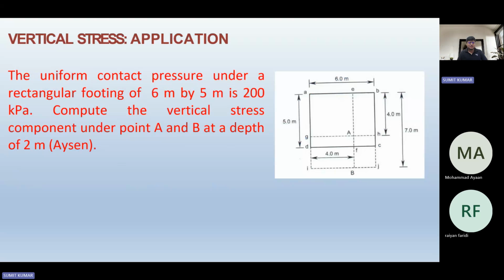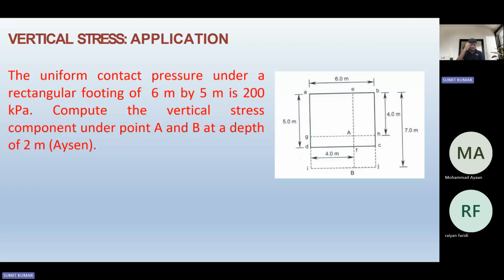Compute the vertical stress component at point A and B at a depth of 2 meter. You can see here the dimension is mentioned as 6 meter into 5 meter, and we have to calculate the stress at point A.